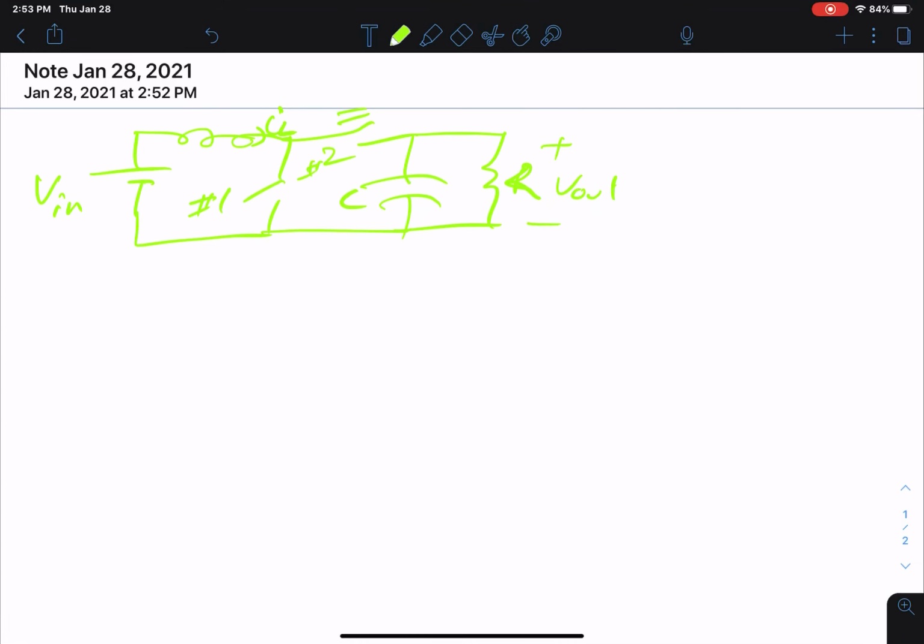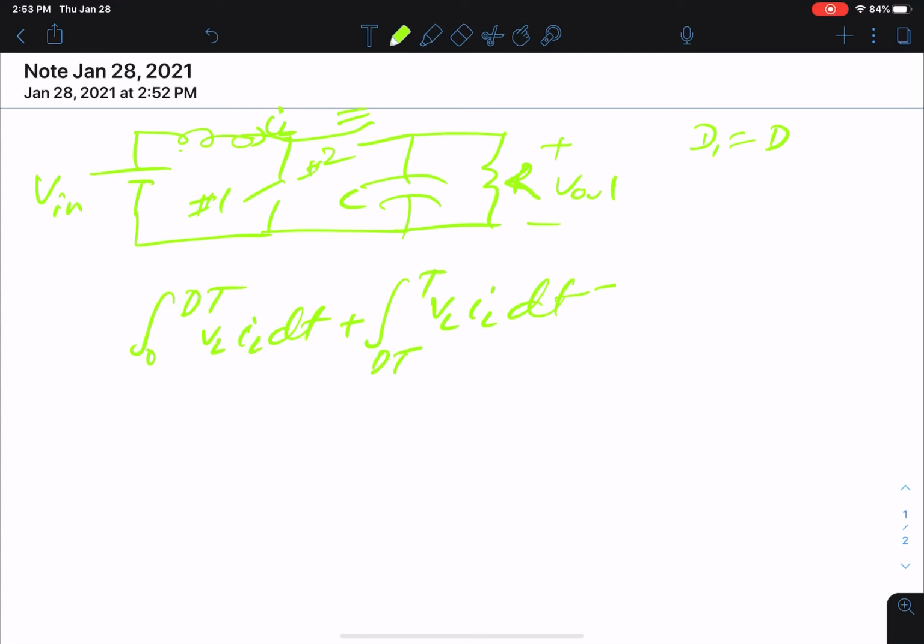Now, if I apply energy conservation to the inductor here, from 0 to dT, where d is the switching duty ratio for switch 1. Again, in this analysis we're using d1 as d. That will be the integral of VL IL dt, plus from dT to T. Now, the integral of VL IL dt should be equal to 0, because an inductor cannot store energy over a period.